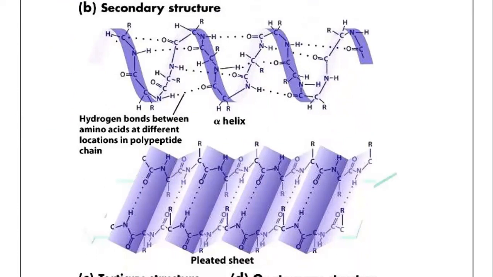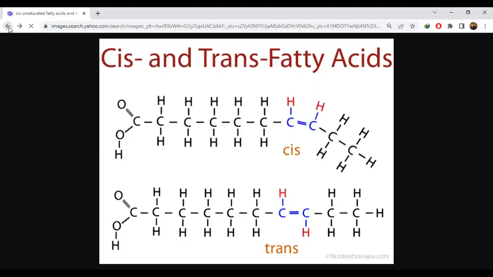What are the two secondary structures? Alpha helix, and the other one, beta pleated sheet.